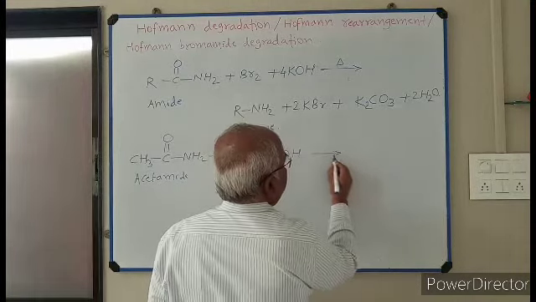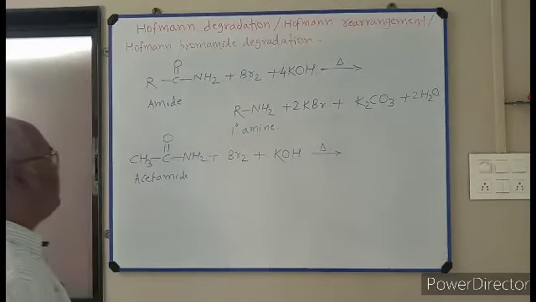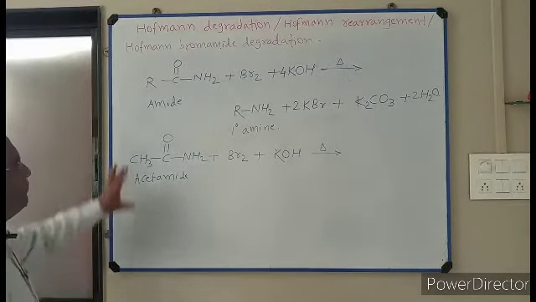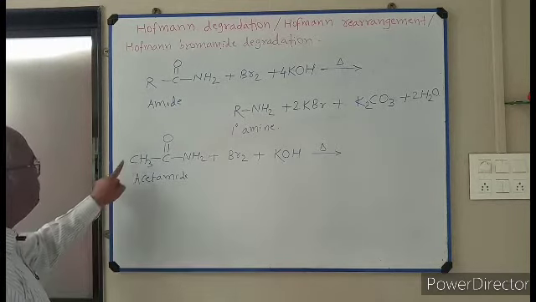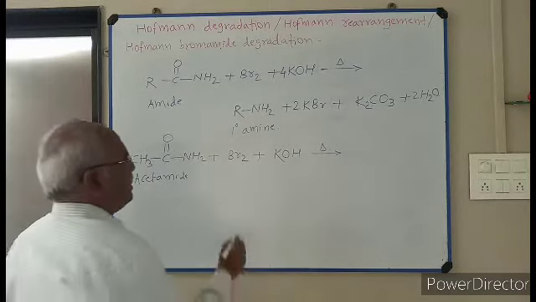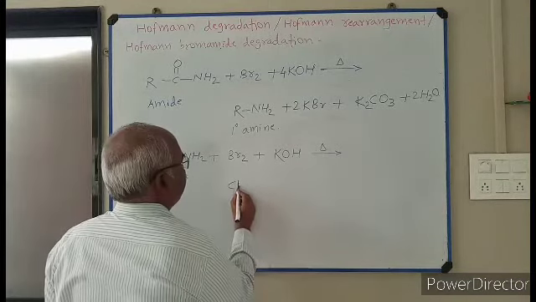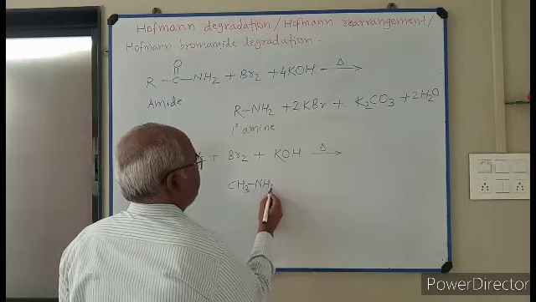The reaction mixture is heated. Heating is represented by delta sign. The C double bond O group is removed. The methyl group migrates to the NH2 group and methylamine is the main product, CH3NH2.